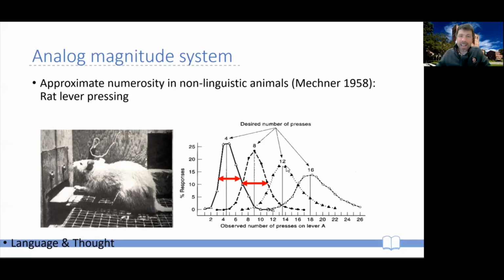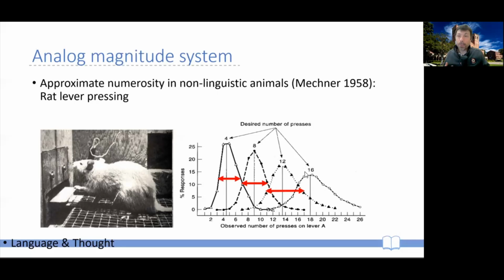And then you do the same thing, but now the reward occurs after 12 button presses. And again, notice that 12 is here. Just about 14% of the time they press 12. Maybe 18% of the time they press 13 or 14 times, and then another 13 or 14% of the time they press 15 times, etc. And notice that the higher the number becomes, the coarser the representation, the vaguer the representation.